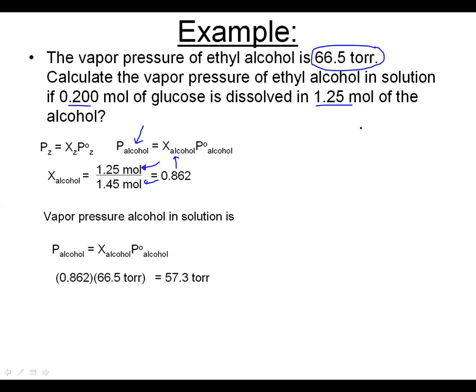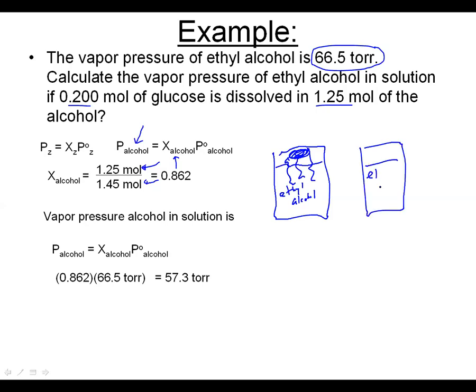So just visually, if you want to think about what's going on with the ethyl alcohol by itself, those molecules are free to escape to the surface, no problem, creating more gas above the liquid and more vapor pressure. But once we take our ethyl alcohol and we put some glucose in there, we got all these glucose guys around.